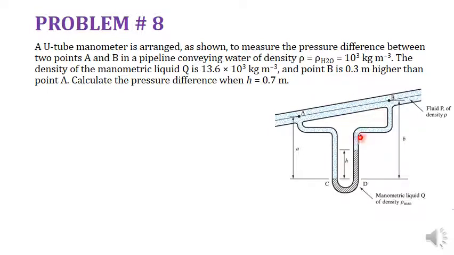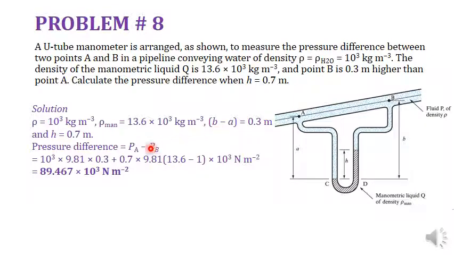Then you need to calculate the pressure difference when H is equal to 0.7 meter. H is given, that is 0.7 meter. The difference between B and A is also given. The manometric fluid densities are also given. So what you need to determine is PB minus PA.